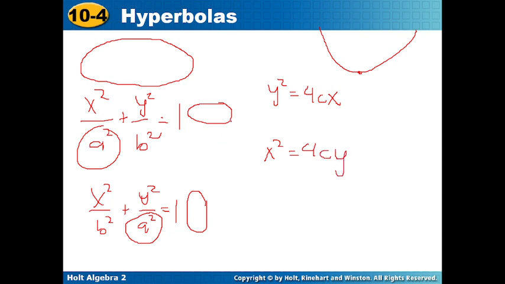If our axis of symmetry is the x-axis, the parabola faces either the left side or the right side. When the axis of symmetry of your parabola is the y-axis, the parabola faces either upwards or downwards, correct?